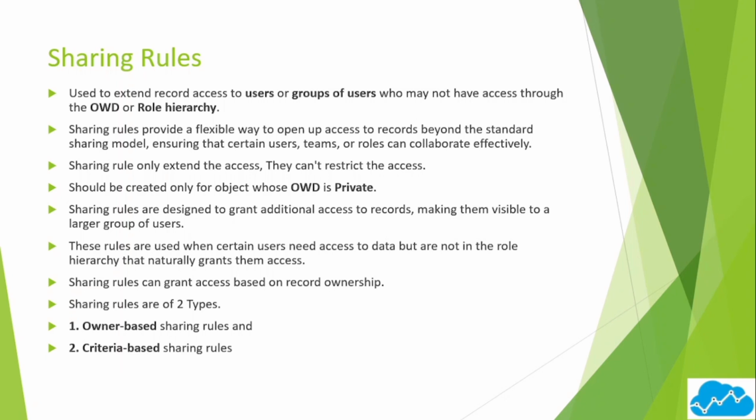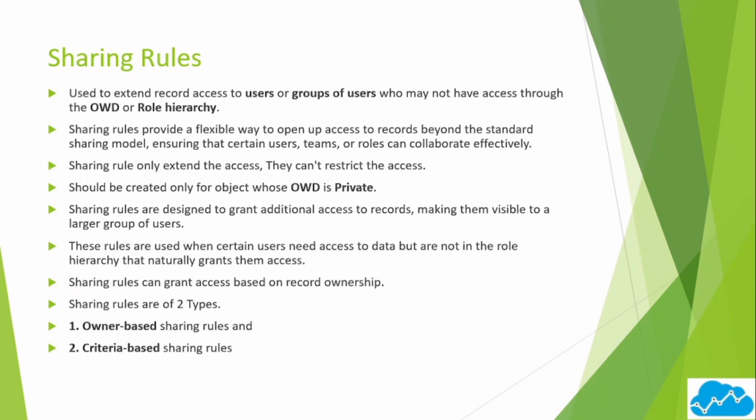They should be created only for objects whose OWD, organization wide default, is private. Sharing rules are designed to grant additional access to records, making them visible to a larger group of users. So a sharing rule provides some additional amount of access; it is not made for restricting access.